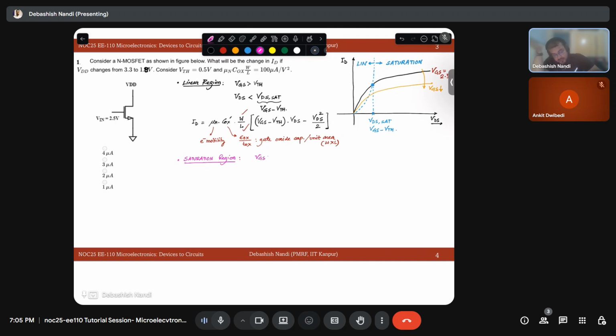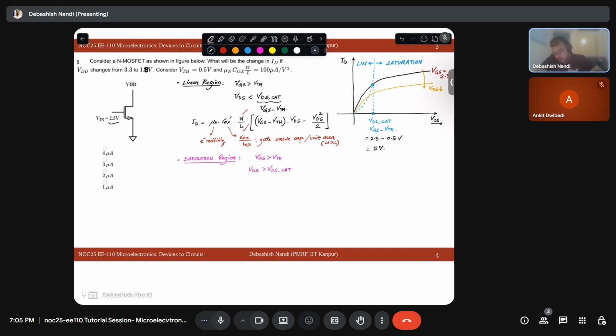You need VGS greater than VTH for sure, because you want your transistor to be on, and VDS greater than VDS SAT. Now in the question, this VGS is 2.5 volt, and 2.5 minus VTH is 0.5 volt. So VDS SAT is 2 volt.